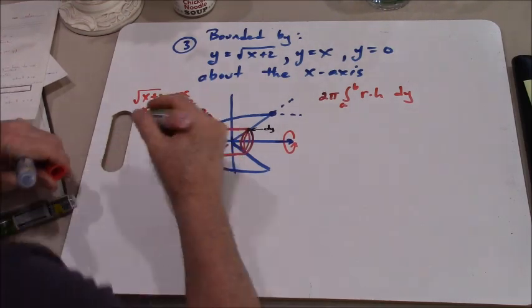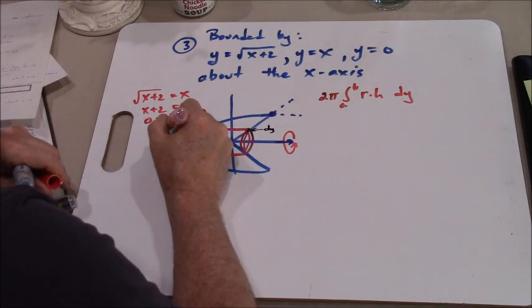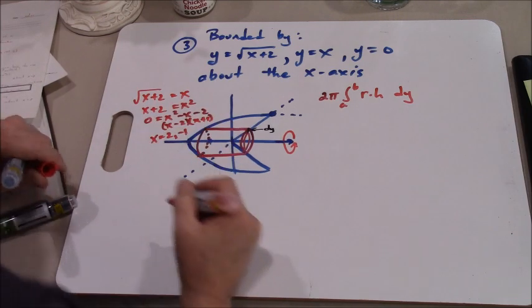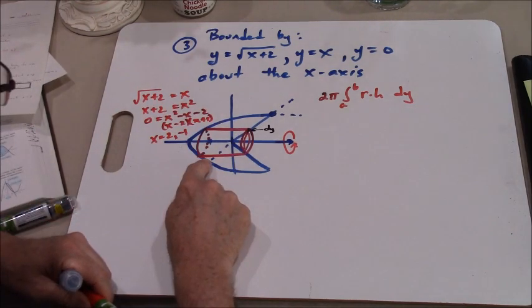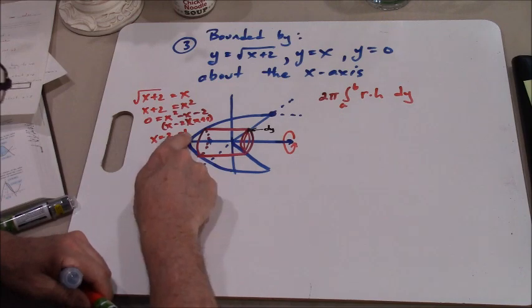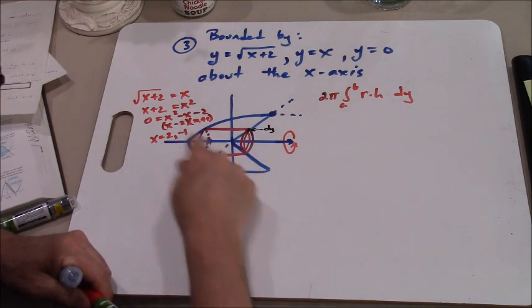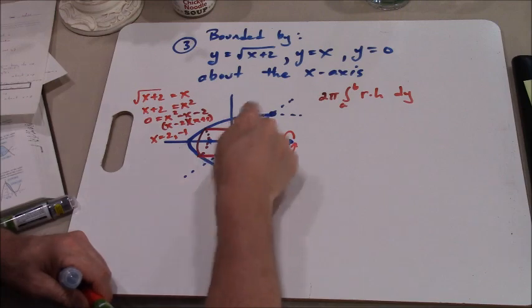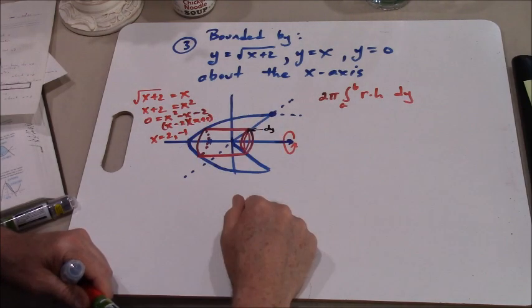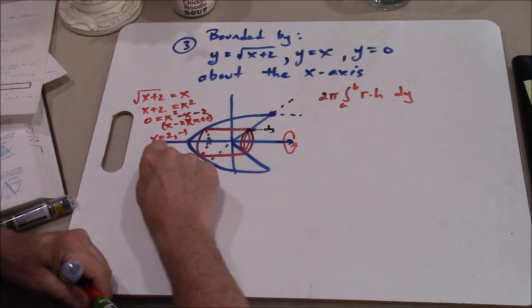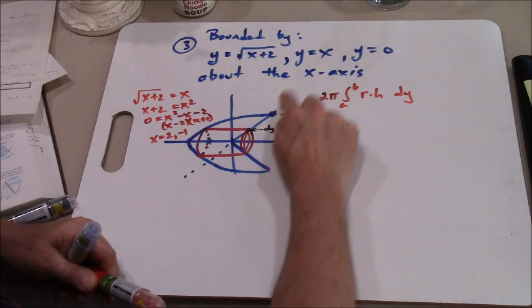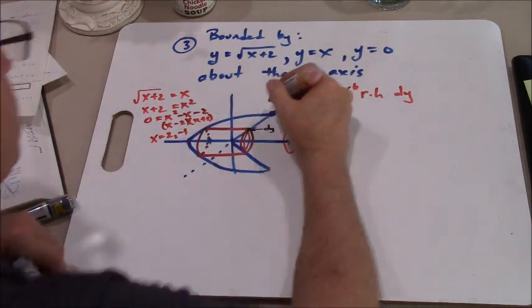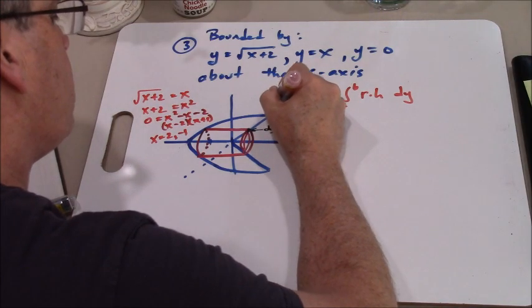And so what I'm going to get is x equals 2 or -1. Well, they don't really intersect at -1 because this graph doesn't rotate around to make a sideways parabola. So the only place they really intersect is at x equals 2. So that means y also equals 2. So this is the point (2, 2).